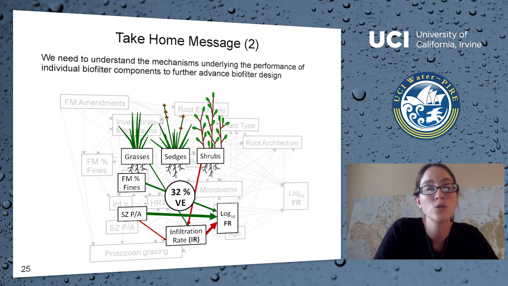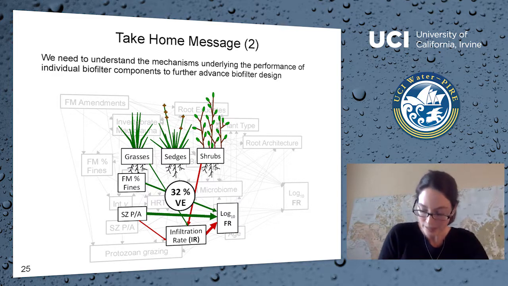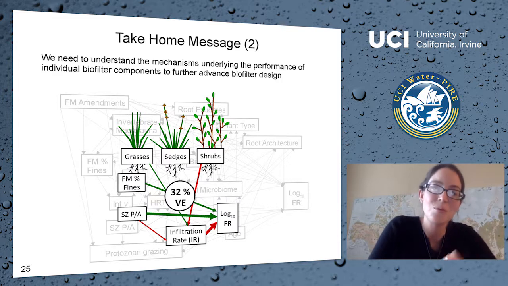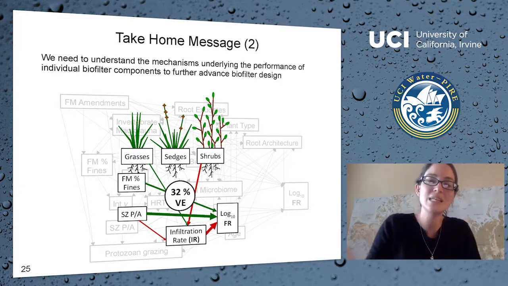Currently there are some really great studies that are looking at characterizing some of this complexity, looking at filter media amendments, the soil microbiome, and invertebrate macrofauna in particular. But I feel that as we continue to move into these more novel spaces, as we're reporting our novel findings, we also need to report some of the traditional things that we were originally reporting, so that we can still keep looking at the system as a whole, evaluating how all these compartment effects affect each other.